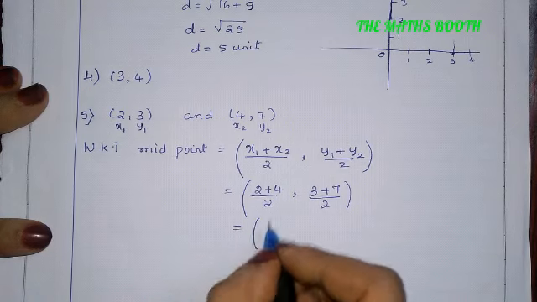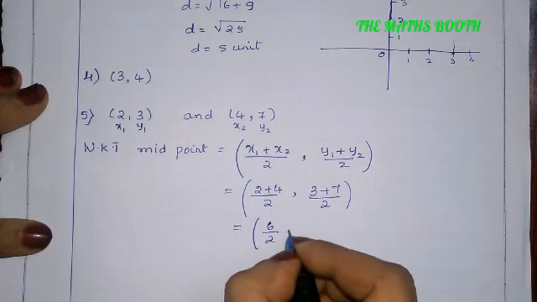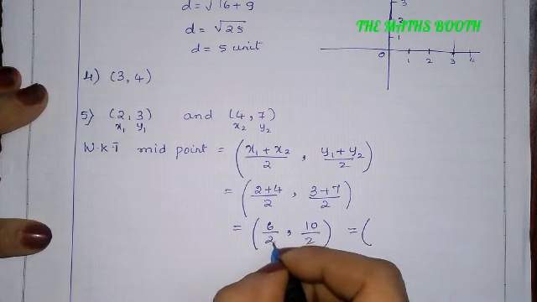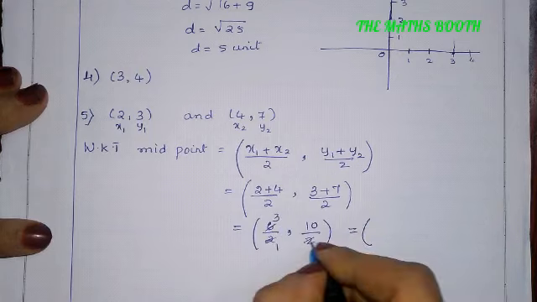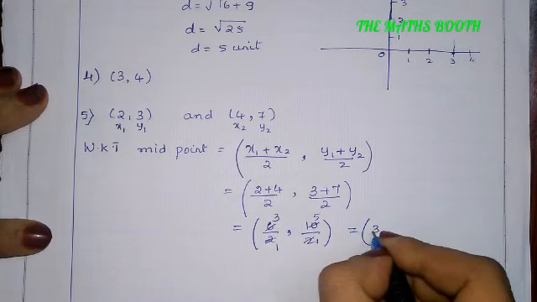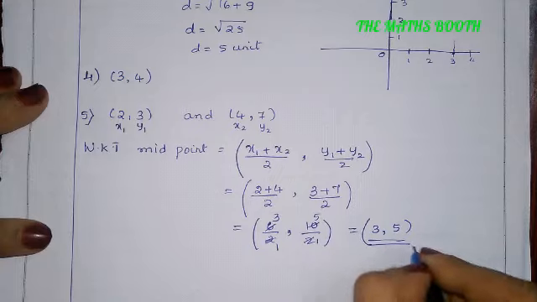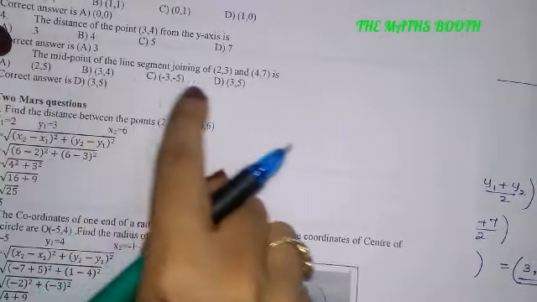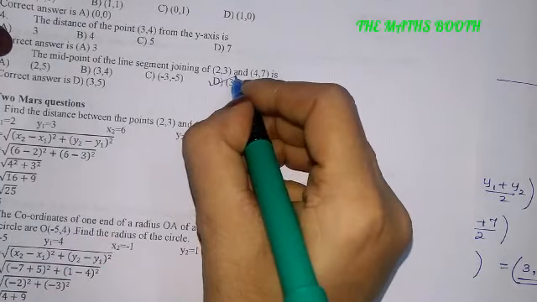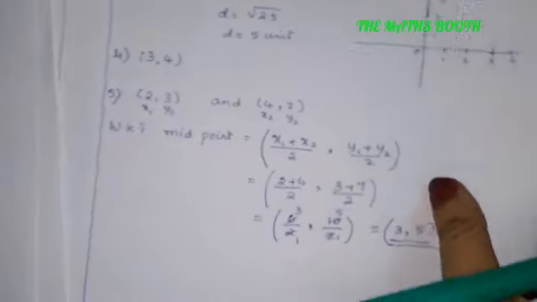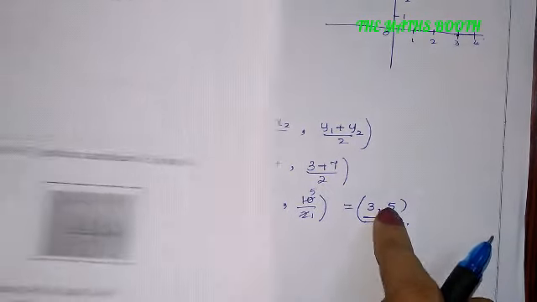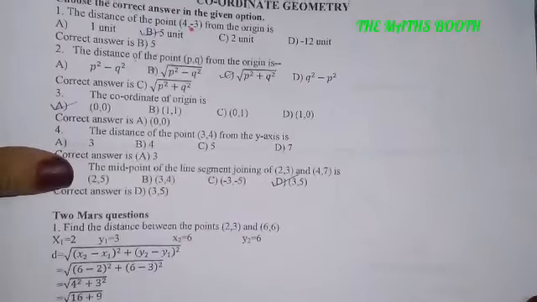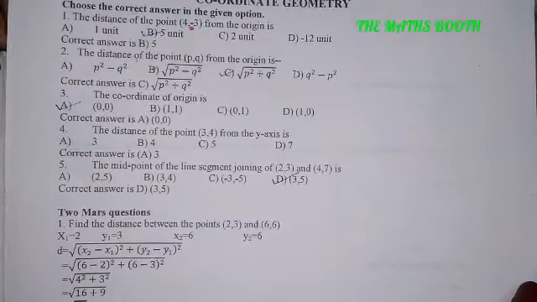That is 6 by 2 comma 10 by 2. 2 3s are 6, 2 5s are 10. So the answer is 3, 5, the midpoint of the line joining the points. So the option is D, 3, 5. So these are the multiple choice questions from the department booklet.